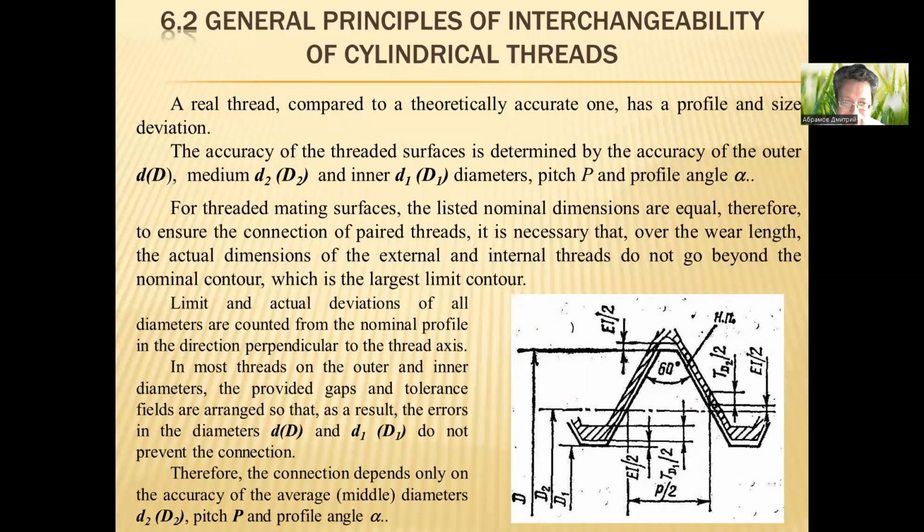In most threads, on the outer and inner diameters, the provided gaps or clearance and tolerance fields are arranged so that, as a result, the errors in the diameters d and d suffix 1 do not prevent the connection. Therefore, the connection depends only on the accuracy of the average or middle diameter, d suffix 2, pitch P, and profile angle alpha.